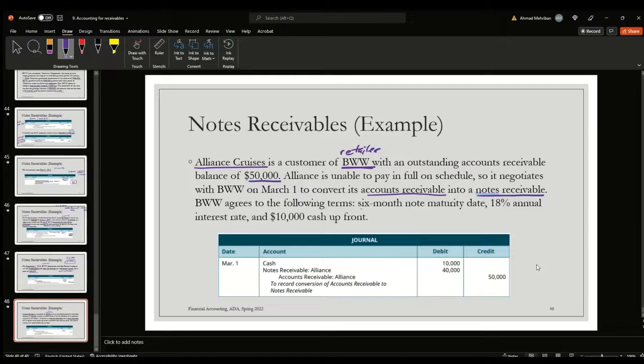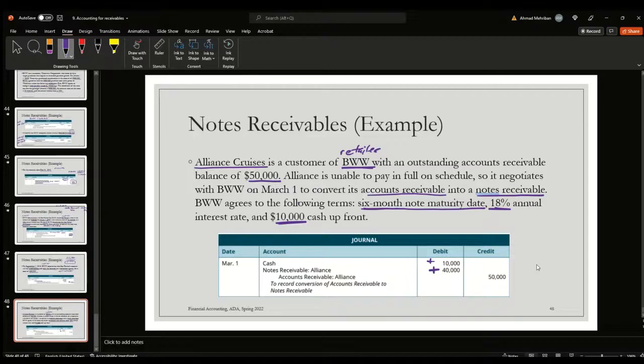A 6 month note maturity, so the length of the contract is 6 months. The maturity date is fixed. 18% annual interest rate, and the 10,000 will be cash up front. So what we record here is the cash up front as a debit to our cash account. Notes receivable will be created for 40,000, the remaining 50 minus 10,000.